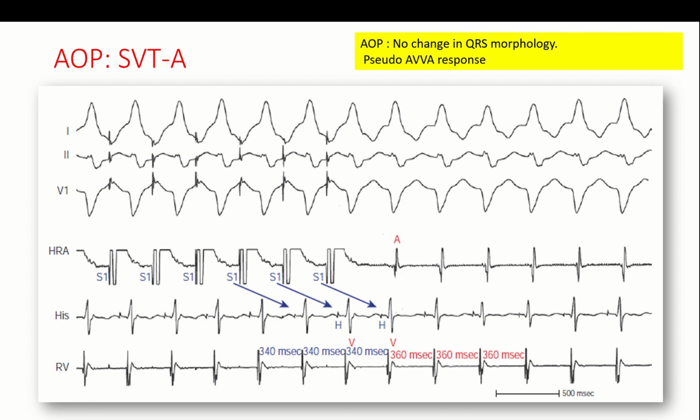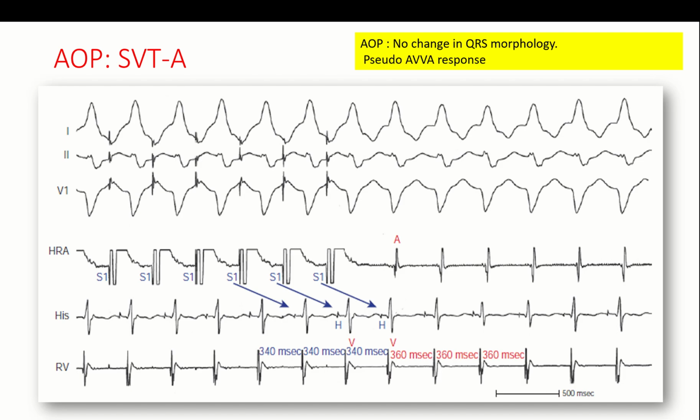response. In this example, we have a case of wide complex tachycardia, starting atrial overdrive pacing. At first sight, we can tell the response is AVVA response, but if we focus and concentrate, it is pseudo AVVA response. It is not VT. Why?